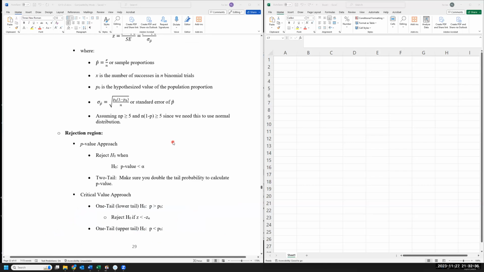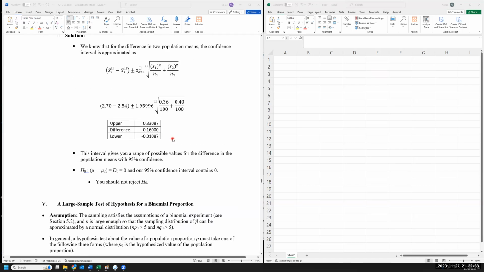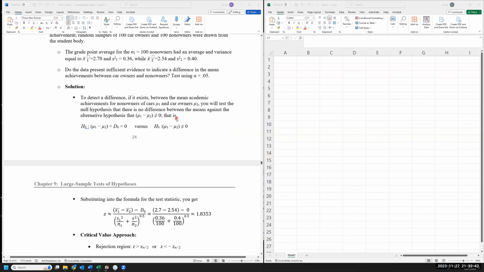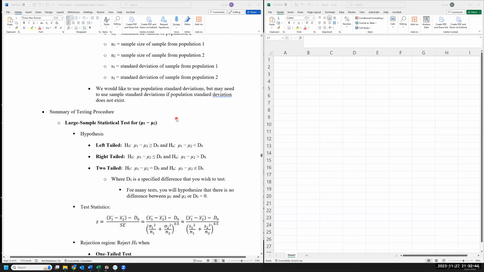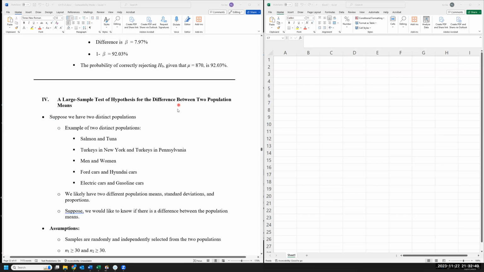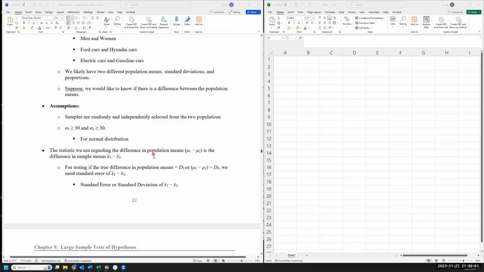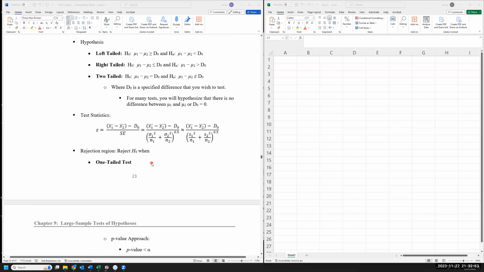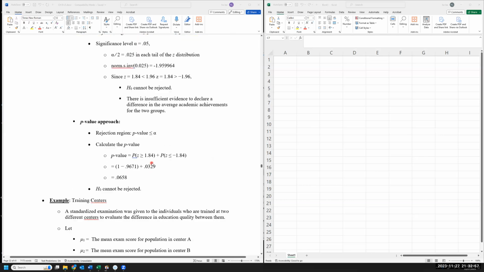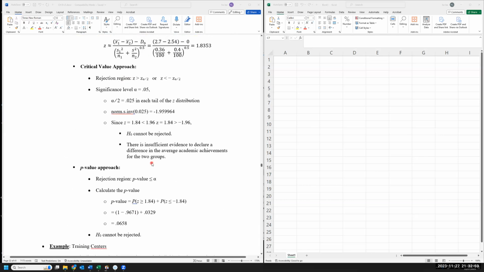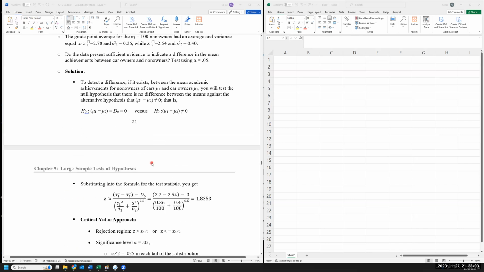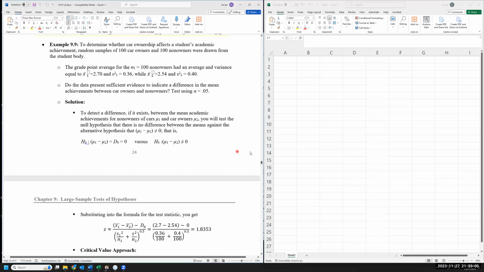Okay, let's scroll up and do a couple examples for the difference in population means first, and then we'll do the one for population proportions after. So here it is. Here's section 4. Scroll down. And we'll do example 9. We could do example 10 too if you want.